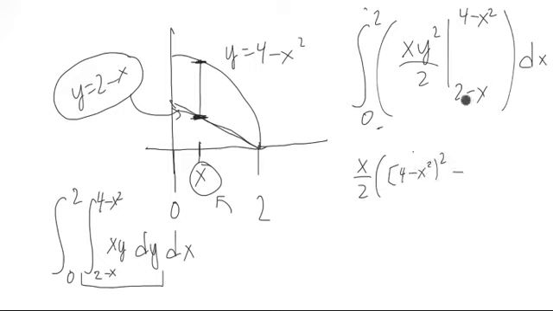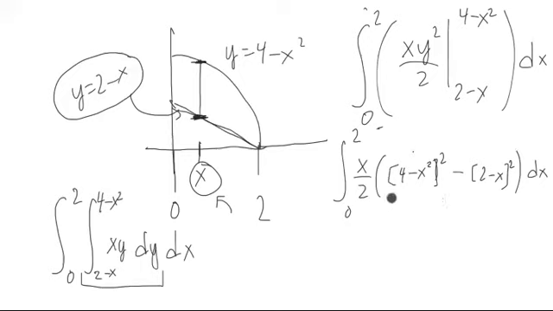Subtract off 2 minus x plugged into y squared, so we get 2 minus x quantity squared. This is what it looks like right now. I'm just plugging this in and subtracting off what this is plugged in, but I realized that x over 2 occurred in both, and I just factored it out.